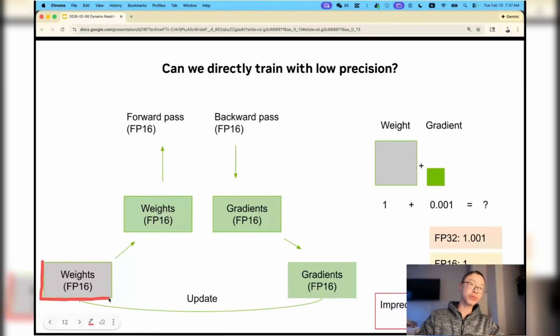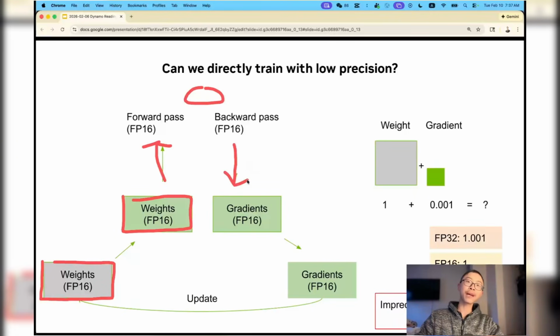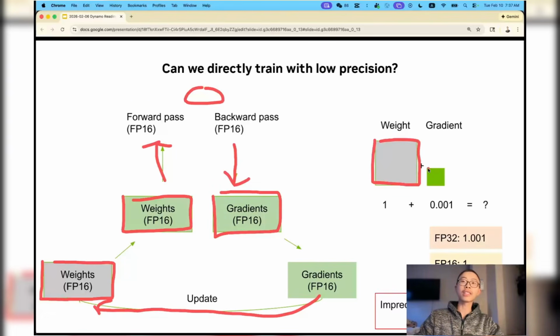In large language model training, we perform a forward pass, compute the loss, calculate the backward pass, obtain the gradients, and update the parameters. If our weights and gradients are in FP16, what might be some problem? The gradients are usually much smaller compared to the weight values.